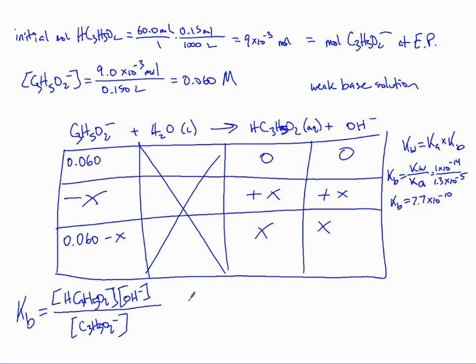And we're going to start plugging in our numbers down here. So propanoic acid is X, hydroxide is X, propanoate 0.06 minus X. We're going to get rid of this to make our math a little simpler.